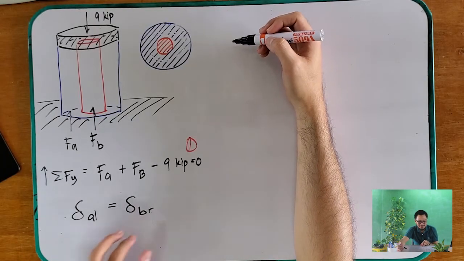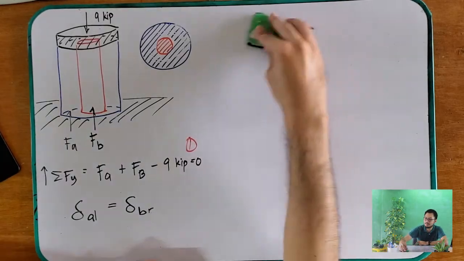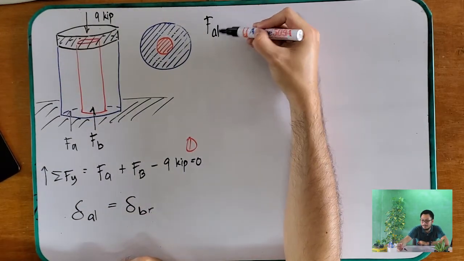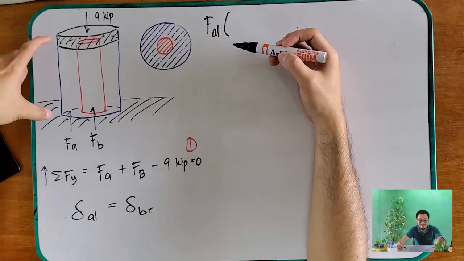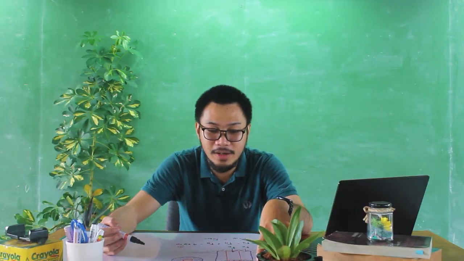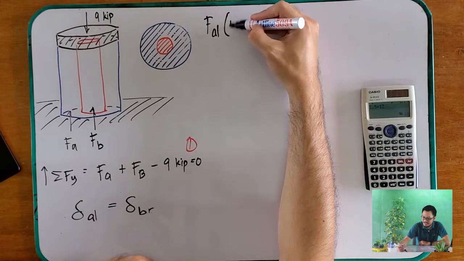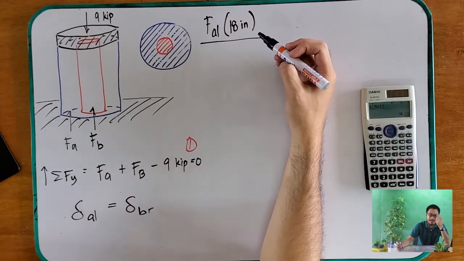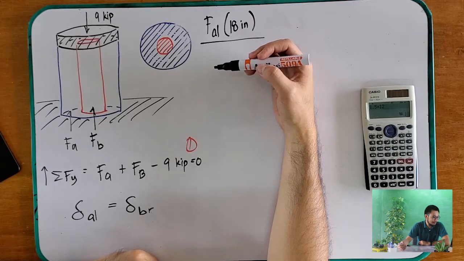FL over AE, FL over AE. So the force of your aluminum multiplied by the length, which is given here as 1.5 feet, but we will use inches. So 1.5 times 12 is 18 inches, over the cross-sectional area of the aluminum.